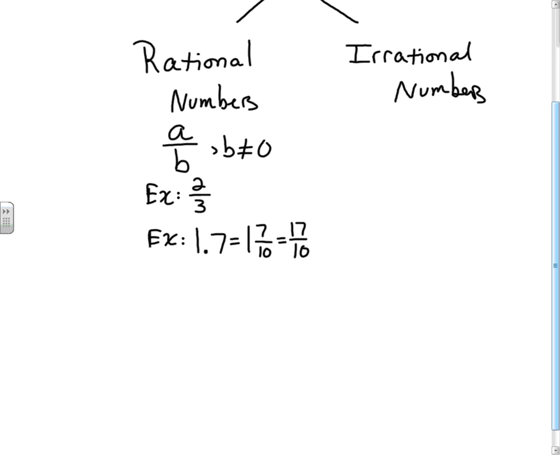So this shows that a terminating decimal like 1.7 can be written as a ratio. Therefore, terminating decimals are in the set of rational numbers.